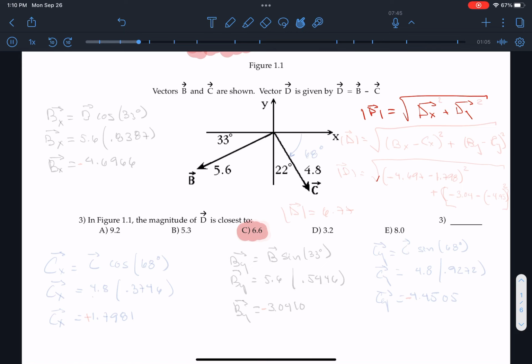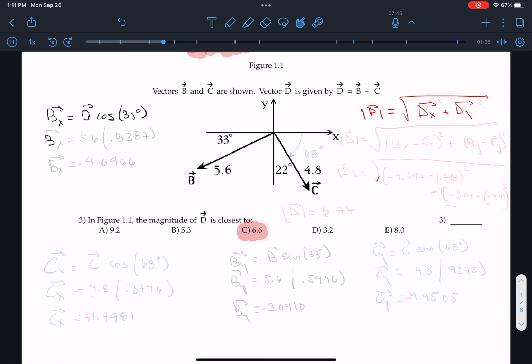The component of vector b on the x-axis is going to be equal to the length of vector b times the cosine of the angle it forms with the x-axis, which is 33.